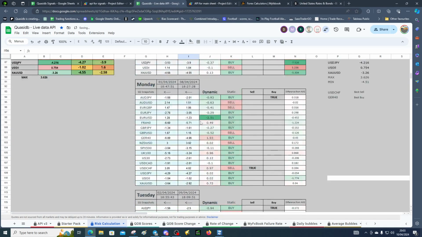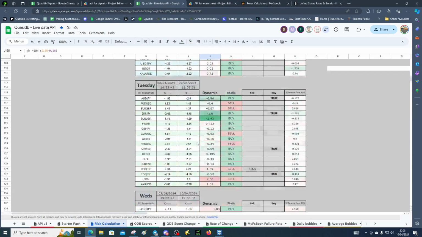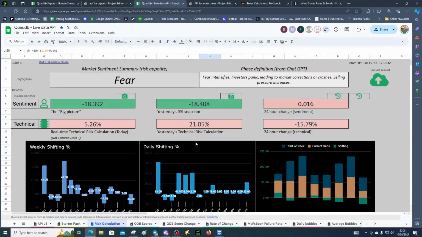Okay, I see gold. It's red, so it's indicating more of a sell over time. And okay, we've seen a slight reduction here, and it's given us a fear view of the market. We're in the fear phase, so that's kind of strange. It's done that. I don't know why I did that. It's a bit strange, but hey ho.